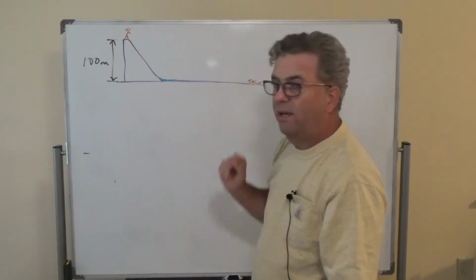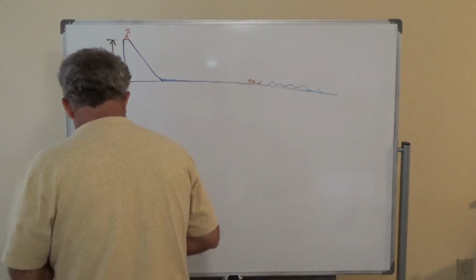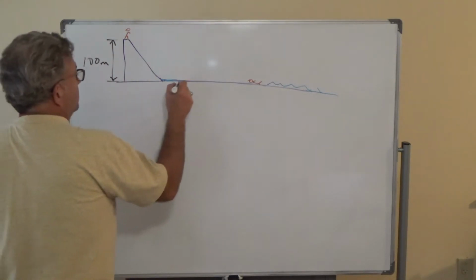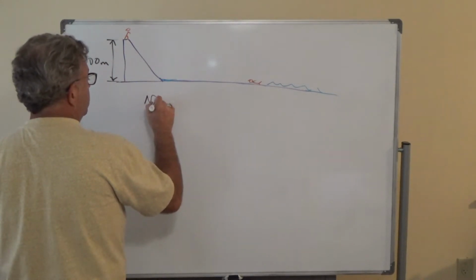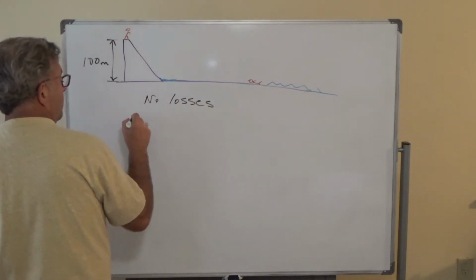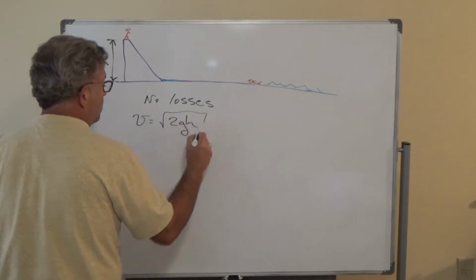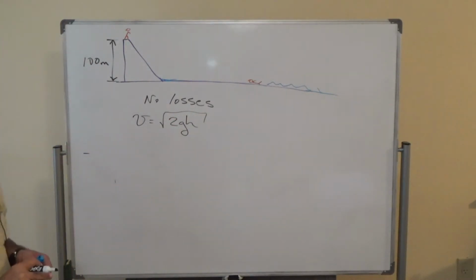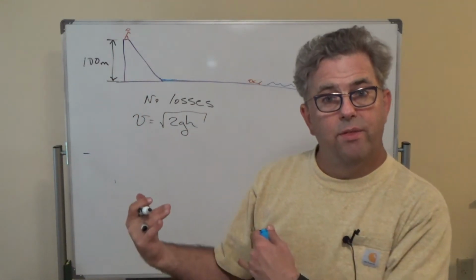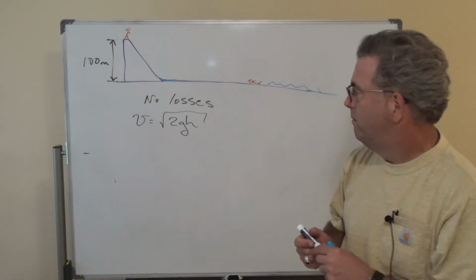For no losses, V is equal to the square root of 2gh. That's just equating mgh with 1/2 mv squared.